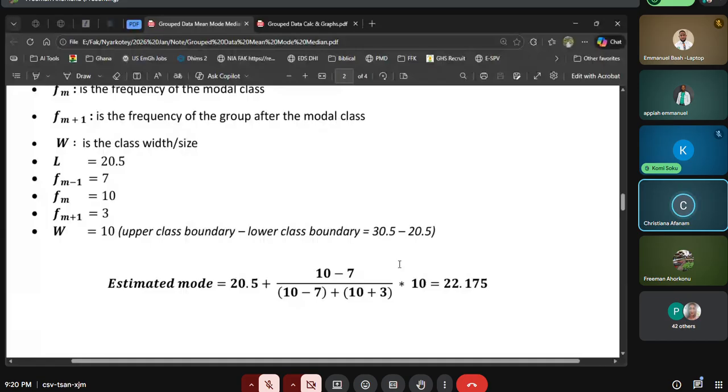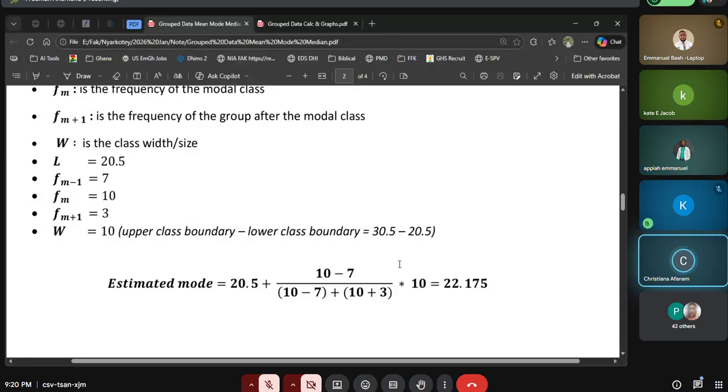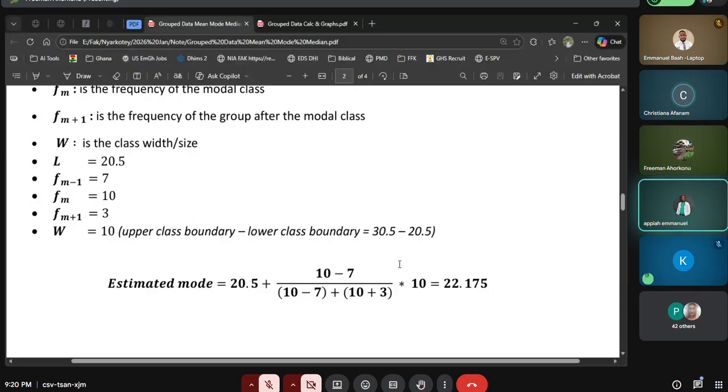So the numerator is 10 minus 7, which is 3, divided by 16. Am I right? That's how I did it. I'm just taking you through the steps to be corrected. 3 minus 16, then I added 20.5 to 8.